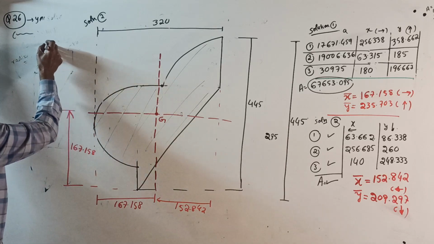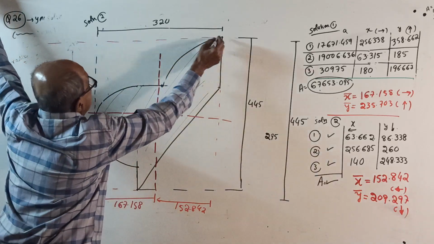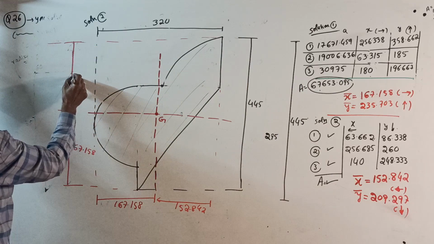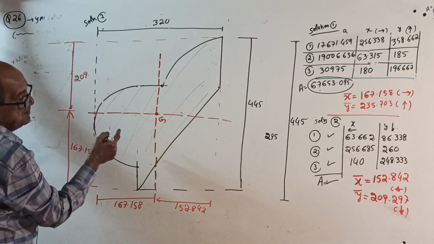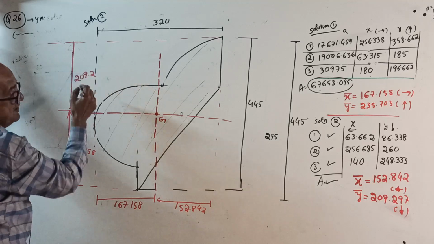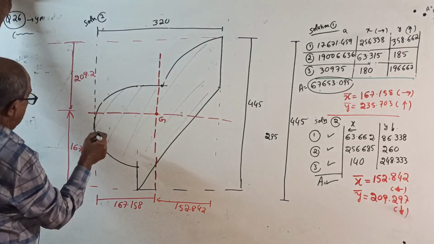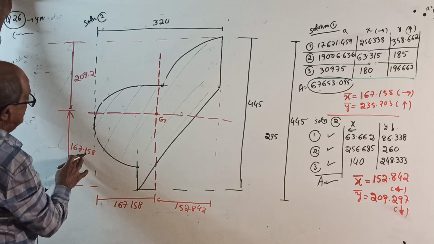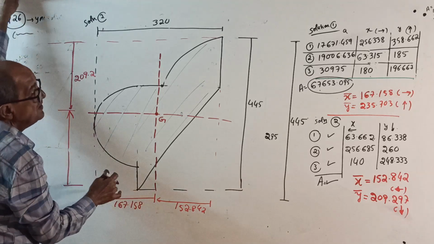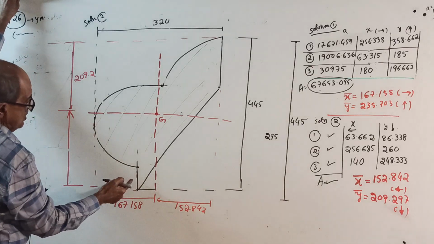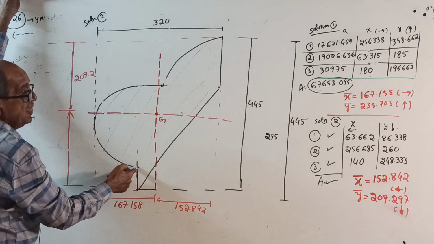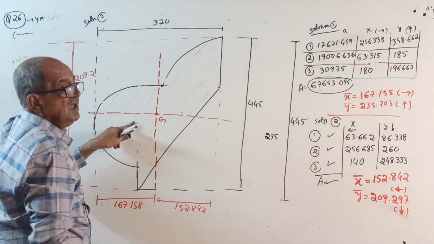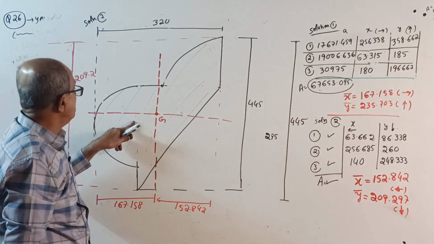And if you do from the topmost edge, 209.297. This is 167 point. No, this is not 167. It is 235. 1 minute. 60 or 75 plus 110. 110 plus 75 is 185.